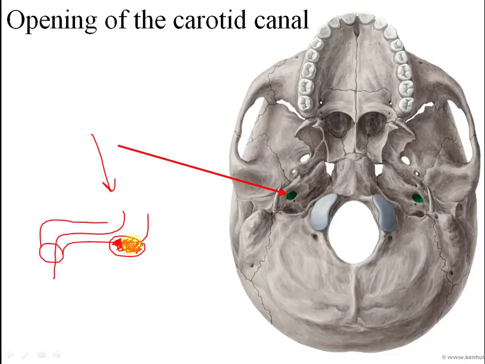But in fact the foramen lacerum is closed, so the internal carotid artery appears as emerging from foramen lacerum, but in fact it passes within this curved canal within the petrous part of temporal bone. Therefore the opening of the carotid canal on the inferior aspect differs from the superior aspect of the base of the skull because of this canal running between these two openings.